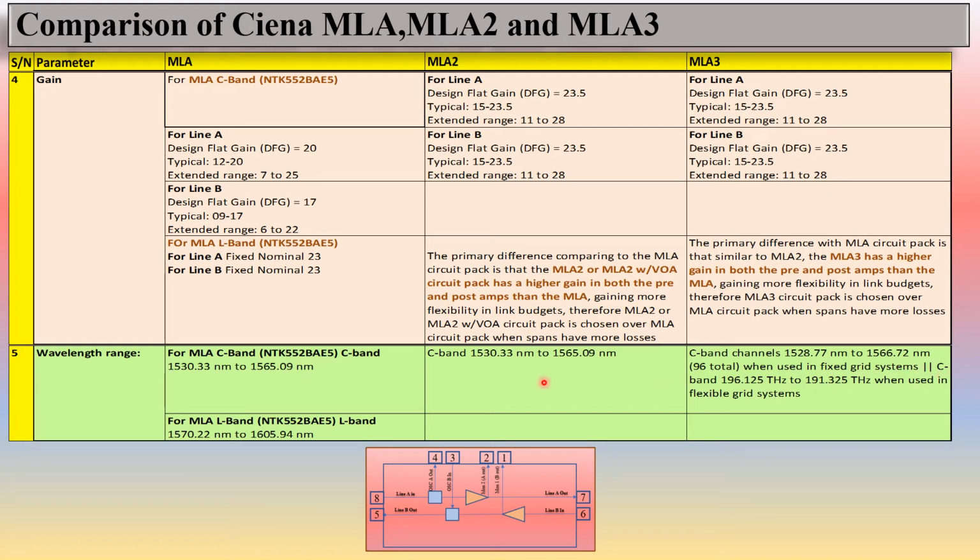So you can see here there is a small deviation in wavelength range for MLA3 over MLA2 and MLA when used in fixed grid system. So this is the range when C band is used in the fixed grid system, and when there is a flexible grid system, its band is 196.125 terahertz to 191.325 terahertz. And for MLA L band, this frequency range is 1570.22 and 1605.94 nanometer for MLA.